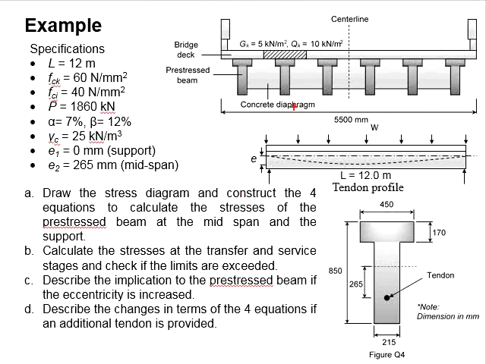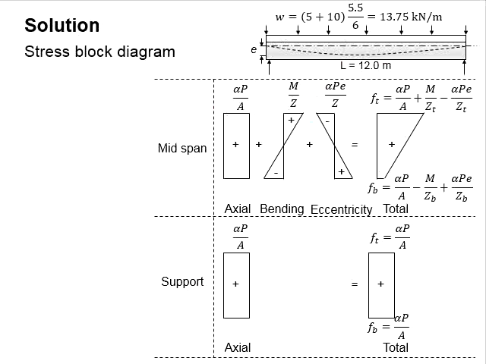Therefore, the ratio can be used. The service load will be GK plus QK multiplied by 5.5 meters divided by 6 units of the pre-stressed beam. The UDL is found to be 13.75 kN per meter.